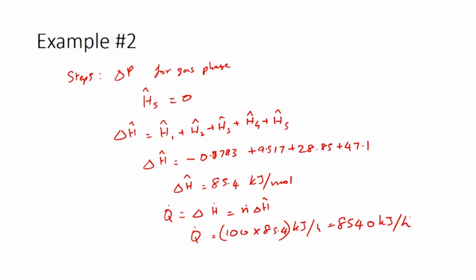For the first process, the numerical value was minus 0.0783, and every other value was orders of magnitude higher, indicating how insignificant this particular step can be. So, in some cases it is okay to assume that the change in enthalpy due to change in pressure, even for liquids or solids, can be 0 unless the change in pressure is very large. With that we come to the conclusion for today's lecture.